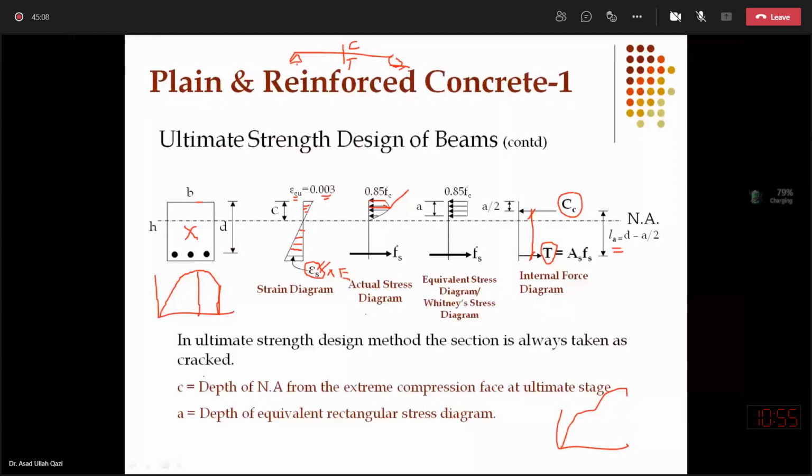I can get the stress in the steel bars, which are present in one layer in this picture. So this is actually the stress diagram from the strain diagram.